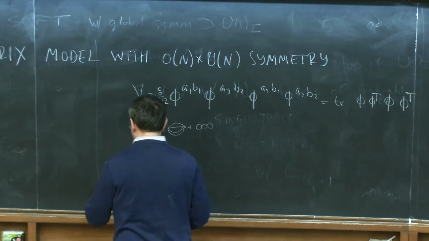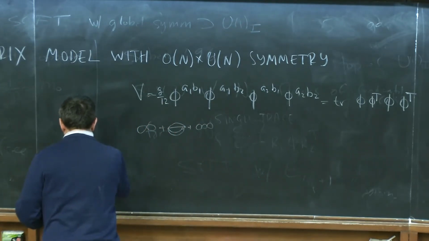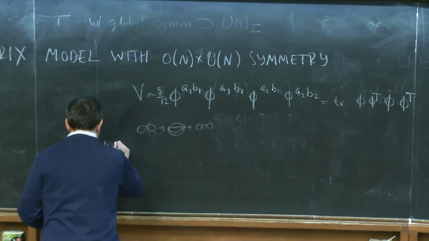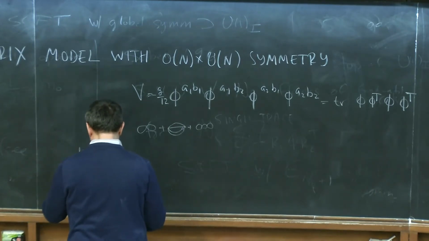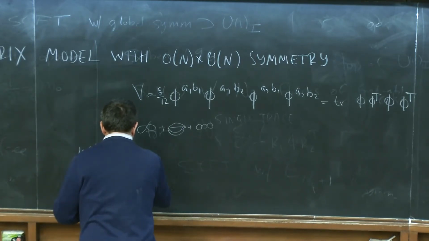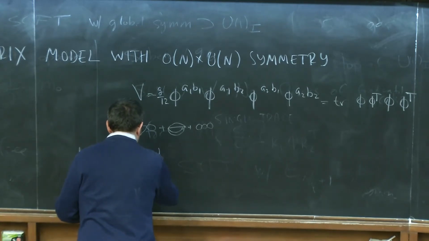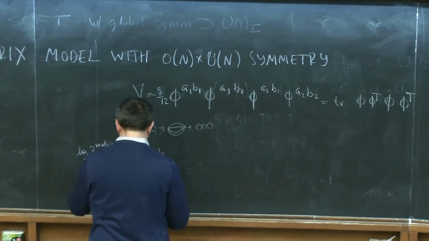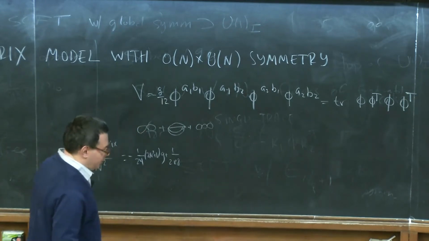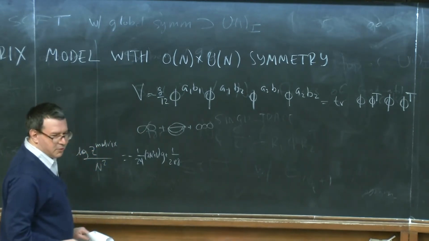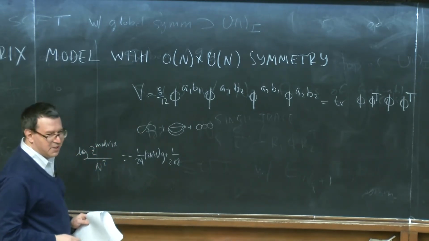So for the contribution to log Z matrix over n squared, this graph gives for us minus 1 over 24, 2n plus 1, g. This graph gives 1 over 288. If you're curious, you can try to reproduce these formulas. And if you disagree, send me email.